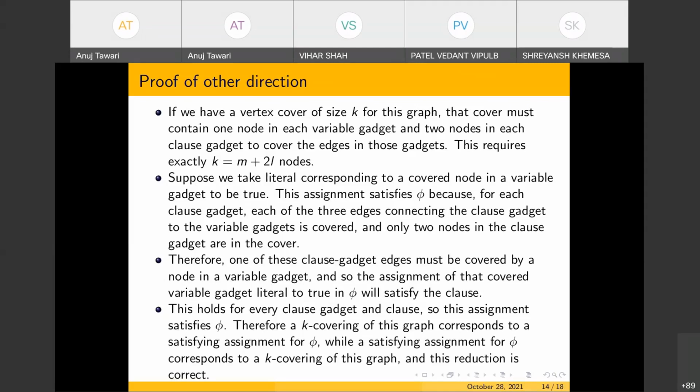So this assignment will always satisfy phi. So a k vertex cover of this graph will correspond to a satisfying assignment for phi, and a satisfying assignment for phi will also correspond to a k covering of this graph. Both these things we need to show, and therefore this reduction is absolutely fine.